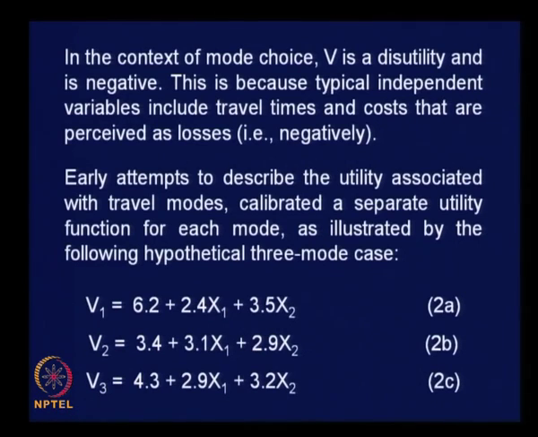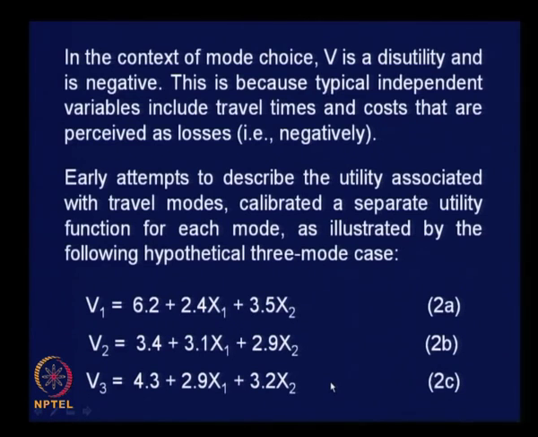And you can see the coefficients for the same factor or attribute of a mode. X1 could be a particular attribute, maybe travel time, but the coefficients are different for different modes. Travel time has got a weightage of 2.4 in the first case, 3.1 and then 2.9.